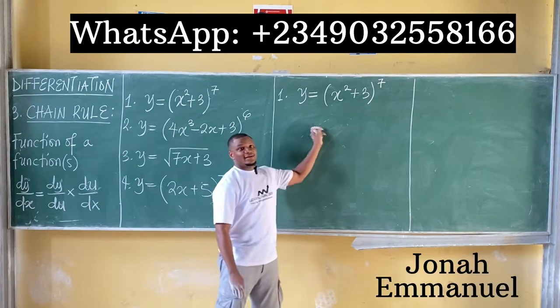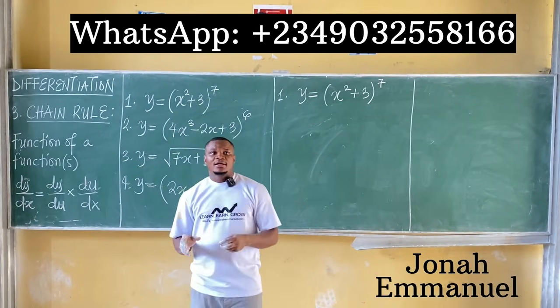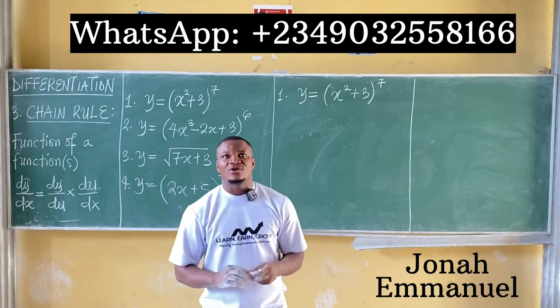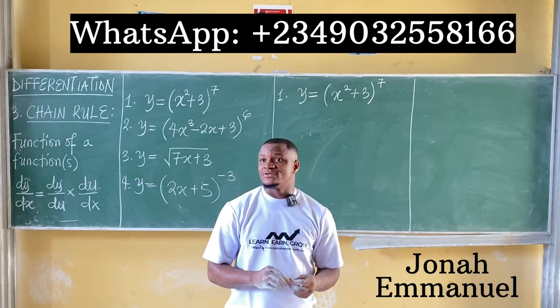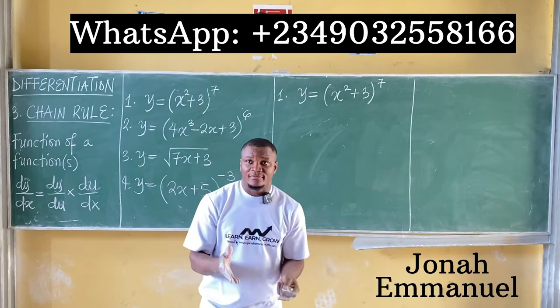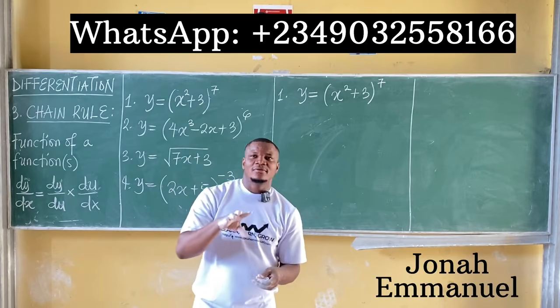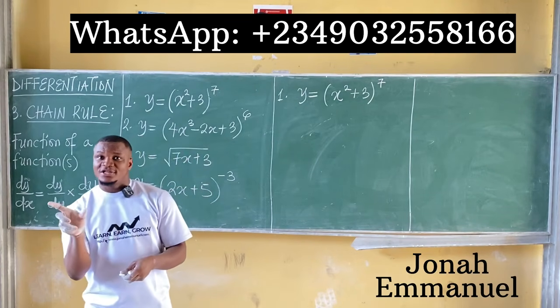Please follow me. When it comes to higher science, this is not secondary school where you get it from the first example. Usually the first example will look strange because you're learning it for the first time. By the time we do example 2 and example 3, it becomes easier.